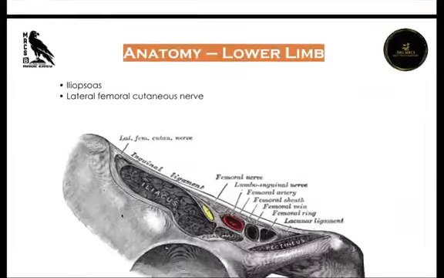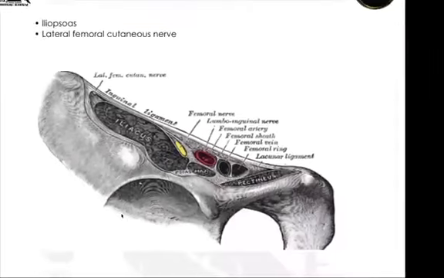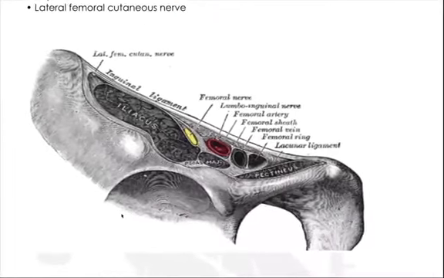Okay. Next question is about the vascular lacuna. What is the lacuna? There are two types of lacuna. One is the lacuna vasorum and another one is the lacuna musculorum. Normally, this lacuna is a compartment within the inguinal ligament.